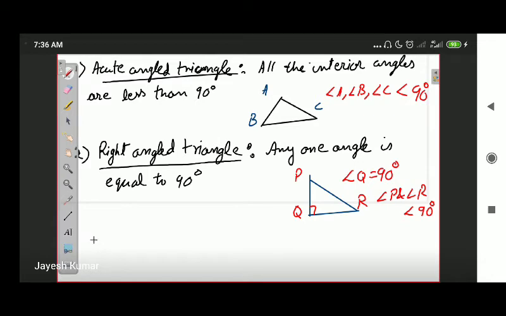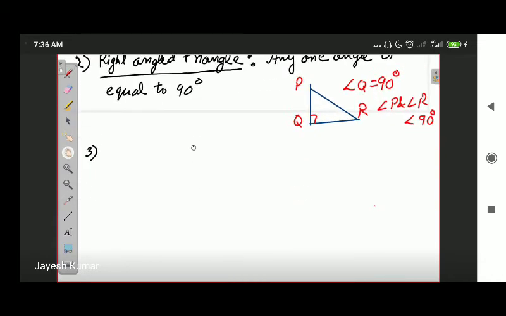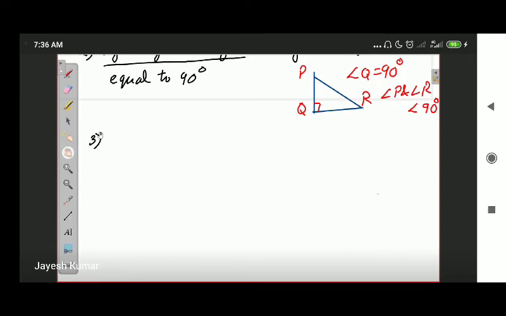Now the third will be our obtuse angle triangle. So what kind of triangle is an obtuse angle triangle?